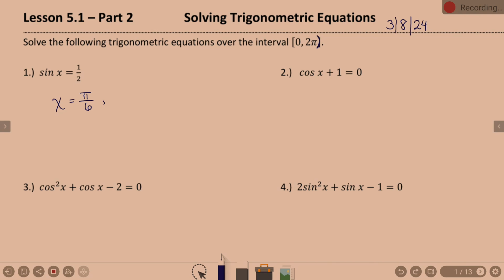No. Pi over 3? No. Okay. First of all, we're talking about when sine equals 1/2, yes? There is no place else in quadrant 1 where sine is going to equal 1/2.